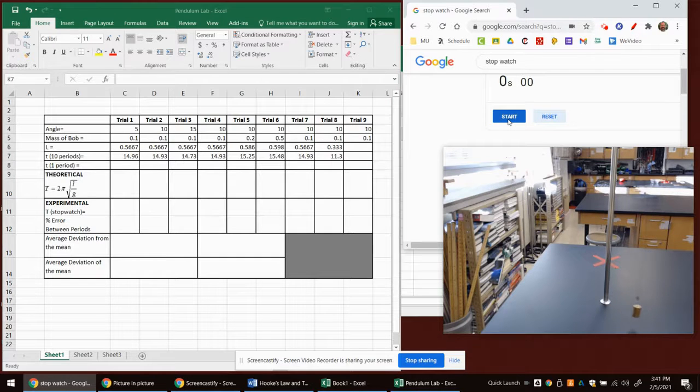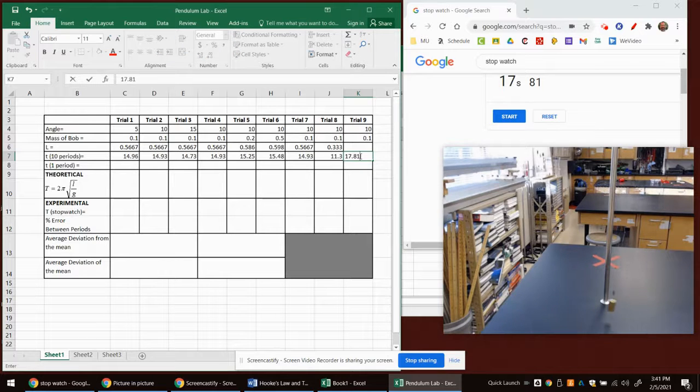And we'll start our timer when it hits one of the sides. 1, 2, 3, 4, 5, 6, 7, 8, 9, 10. Again, significantly longer here, 17.81.